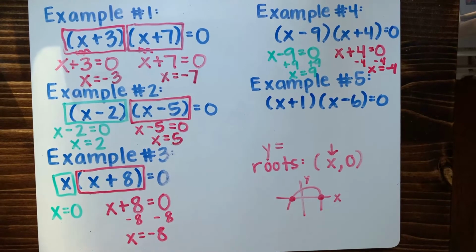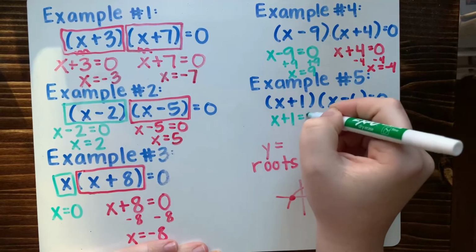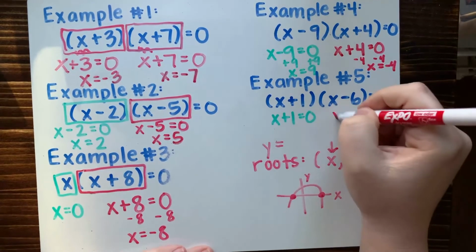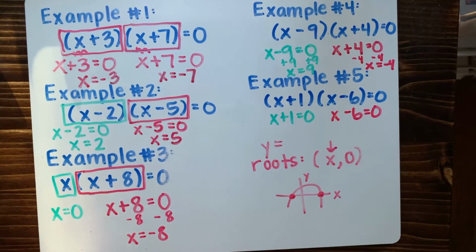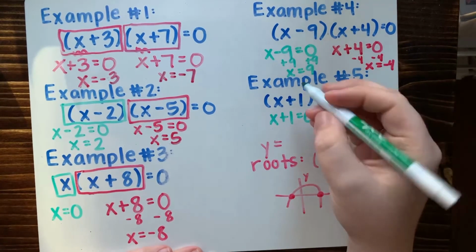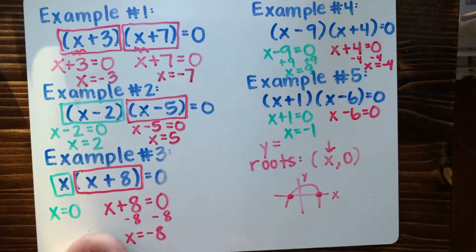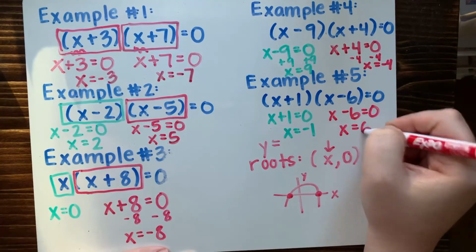Finally, example number 5, x plus 1 times x minus 6 equals 0. We'll say x plus 1 equals 0, or x minus 6 equals 0. x plus 1 equals 0 would give us x equals negative 1. x minus 6 equals 0 is x equals 6.